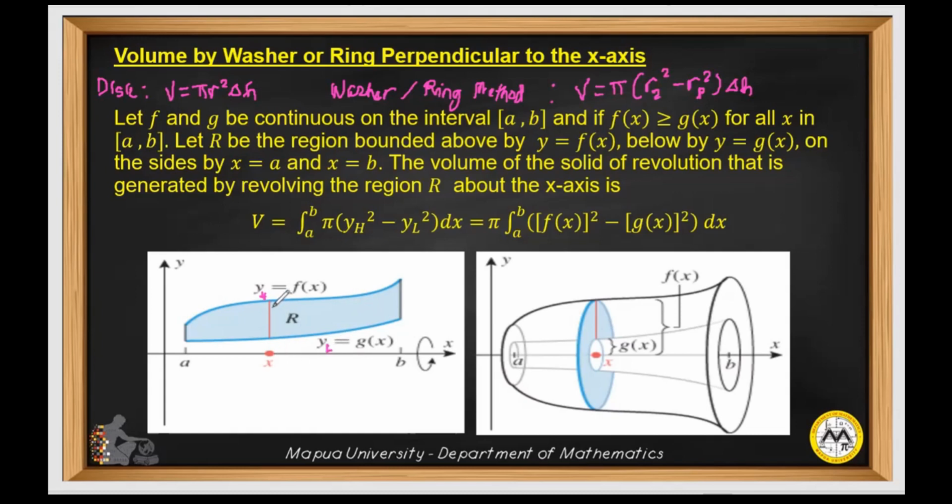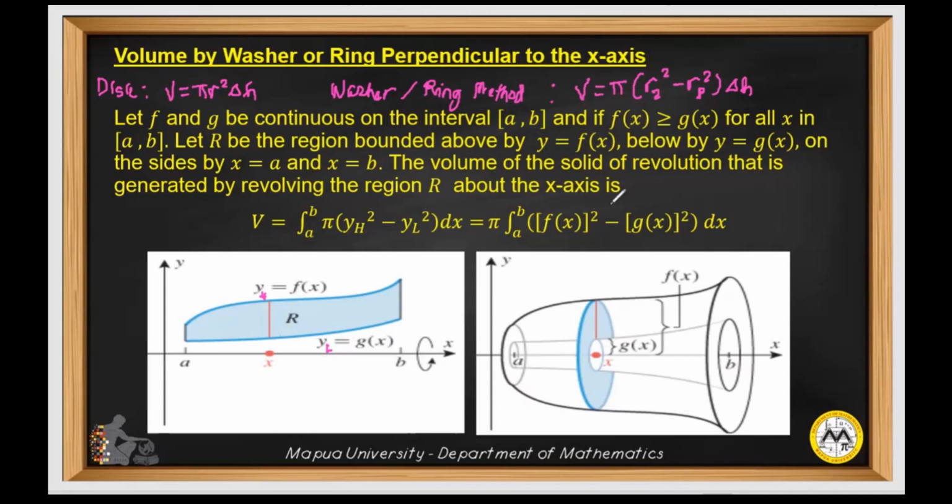If we focus on the element drawn here, which is perpendicular to the axis of revolution, take note that the element does not touch the axis of revolution, so that when it is revolved about the x-axis, the washer is formed.